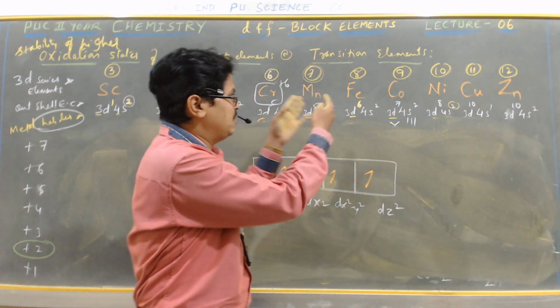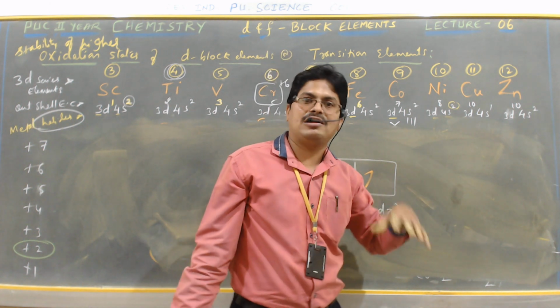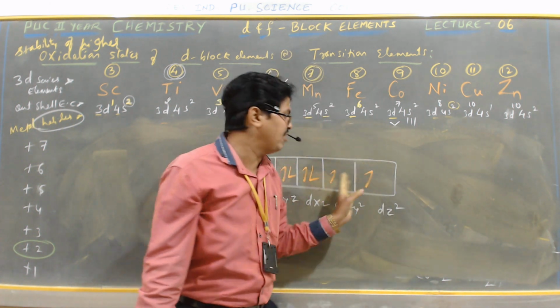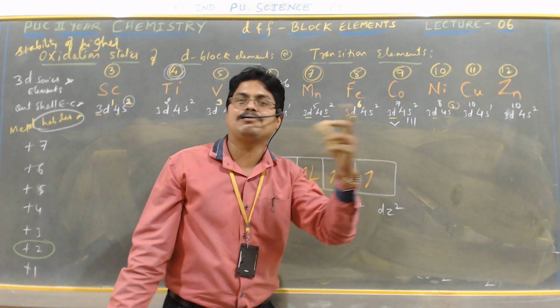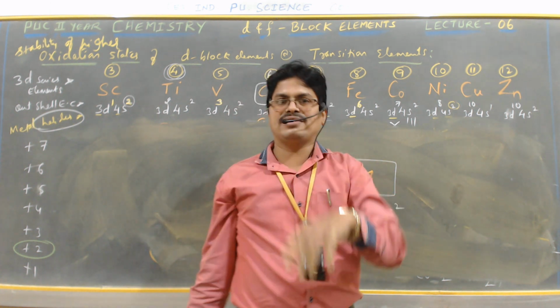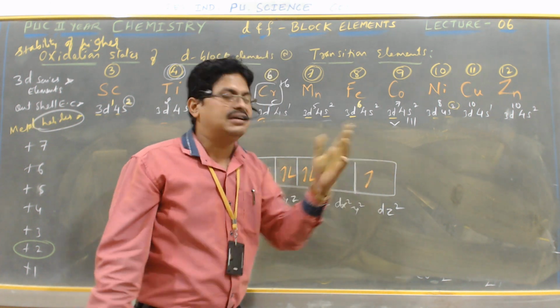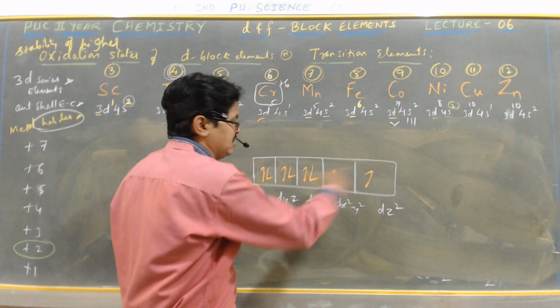Not only with respect to this, even in the upcoming class I have to explain magnetic properties. Depending upon the presence of unpaired electrons, we will decide the magnetic property, whether it is paramagnetic or diamagnetic. For calculation also you need to count the number of unpaired electrons. At that time you can't keep writing 5 boxes.